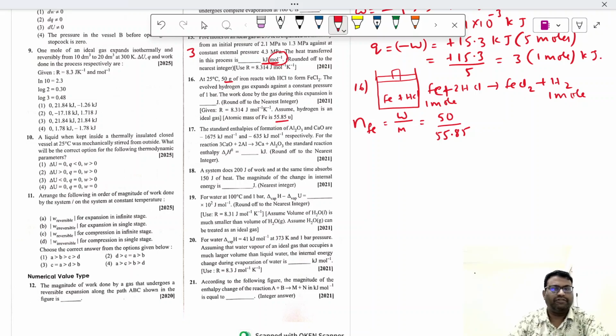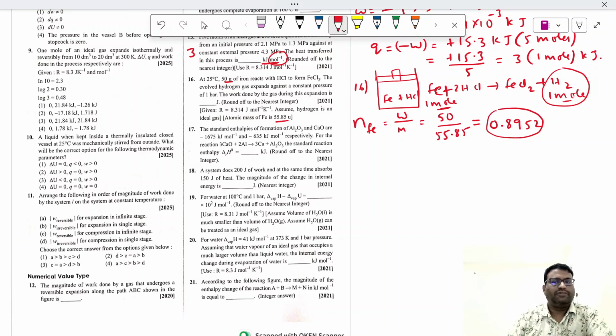Then what will be the number of moles you get? Dividing, you get 0.8952. So how many moles of hydrogen gas is released? The same number, because 1 mole of iron is producing 1 mole of hydrogen, right?